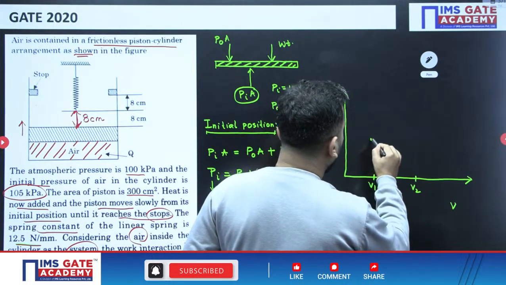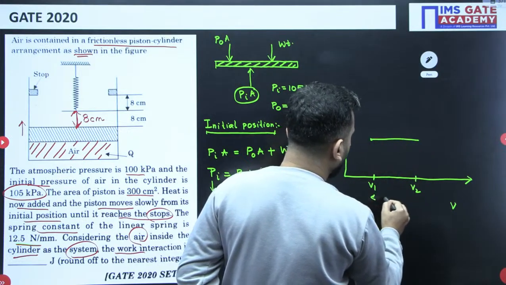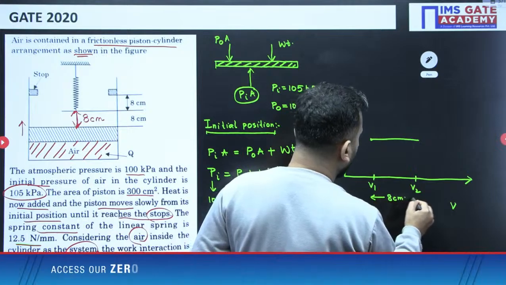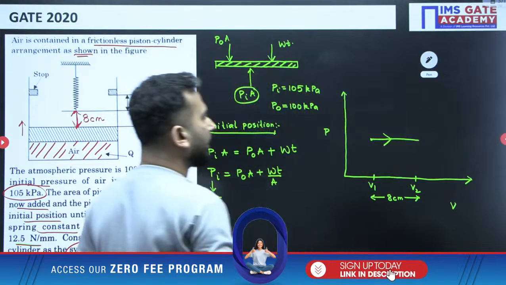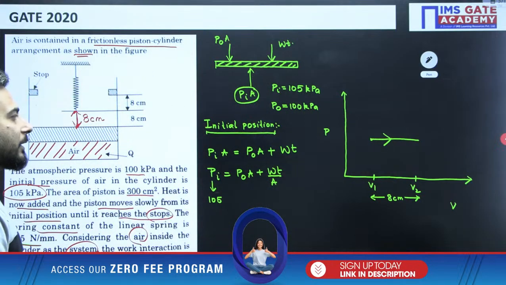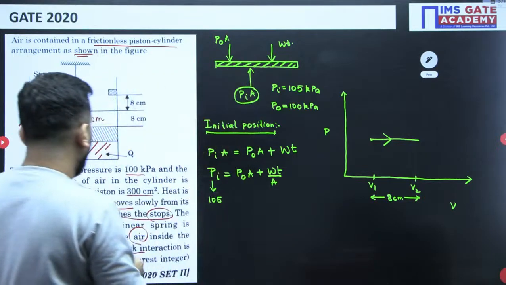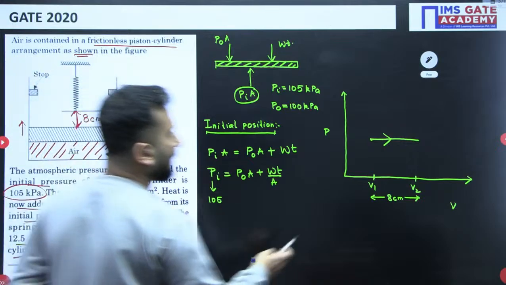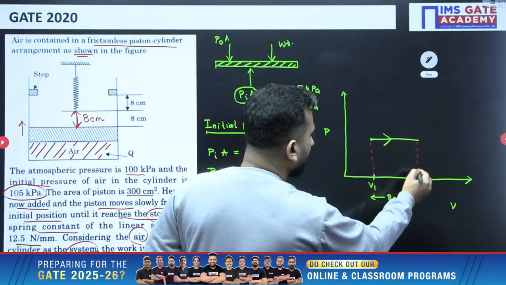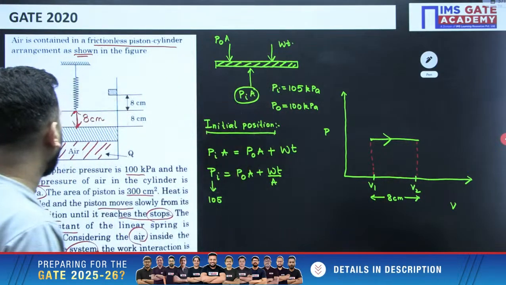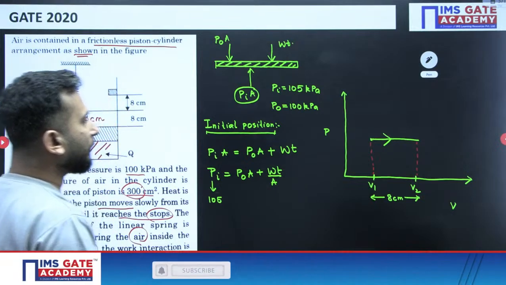So at a pressure of 105 kPa, till the distance is 8 centimeter, it is undergoing a constant pressure process, that is expansion, right? Since they are asking for work, I can very easily find the work by finding the area under the diagram. The area of the piston is given as 300, so I can find the PdV work.